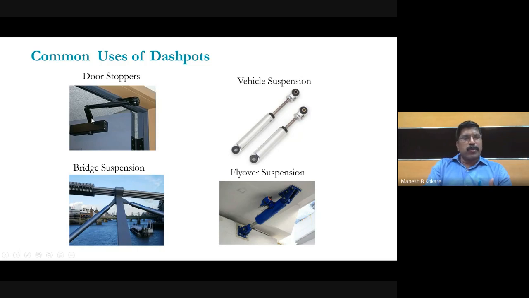Automatic door closing systems and door stoppers are also examples of a dashpot, as are bridge suspension and flyover suspension. In every mechanical system you will find this component, called the damper or dashpot.